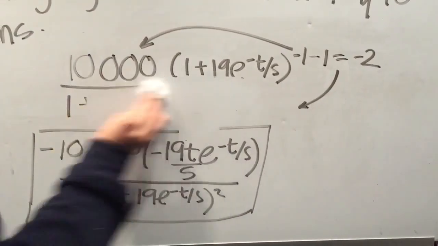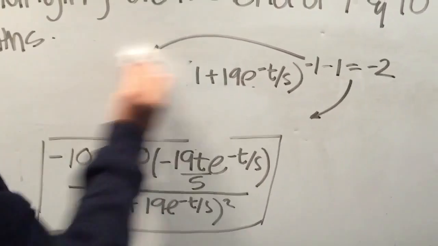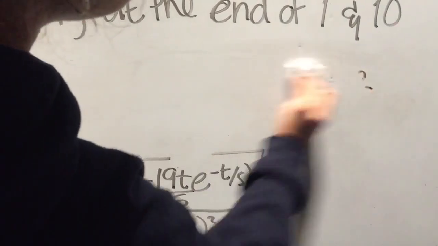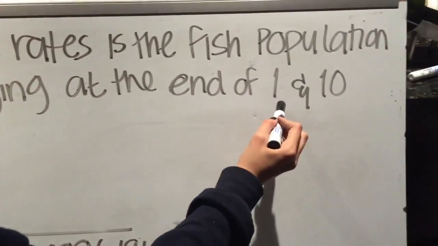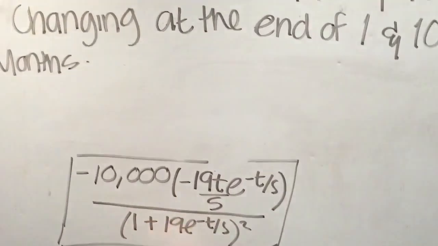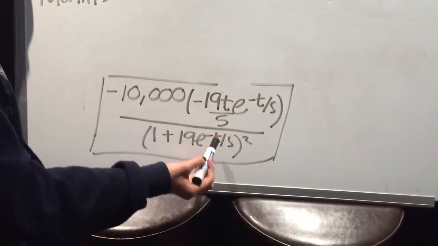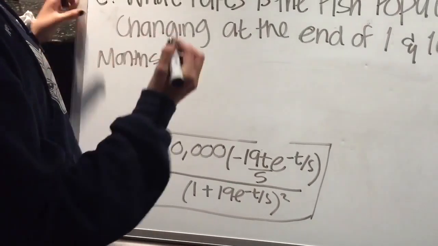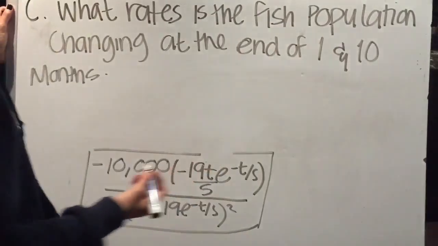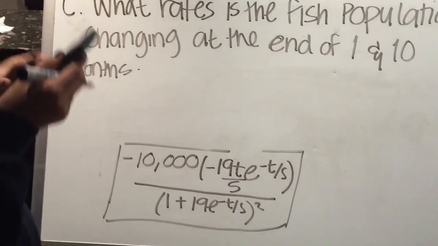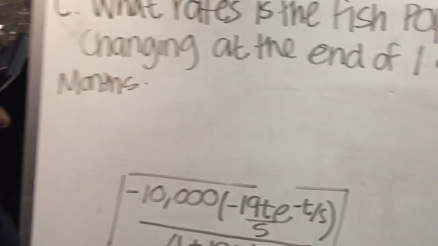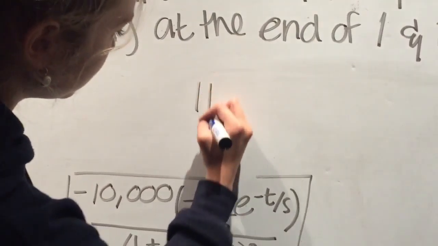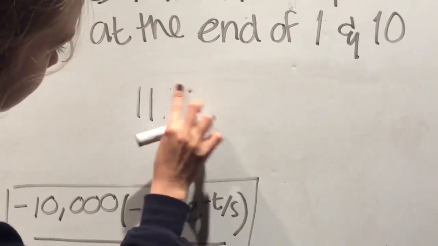Now that we have our equation differentiated, we will plug in our two values, 1 and 10 months, in the t's we have in the equation. So when we plug in the number 1, we will get a final answer of 113.